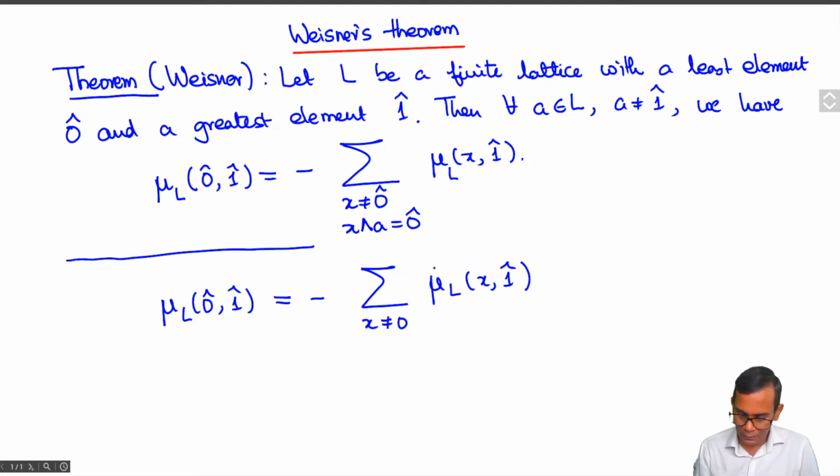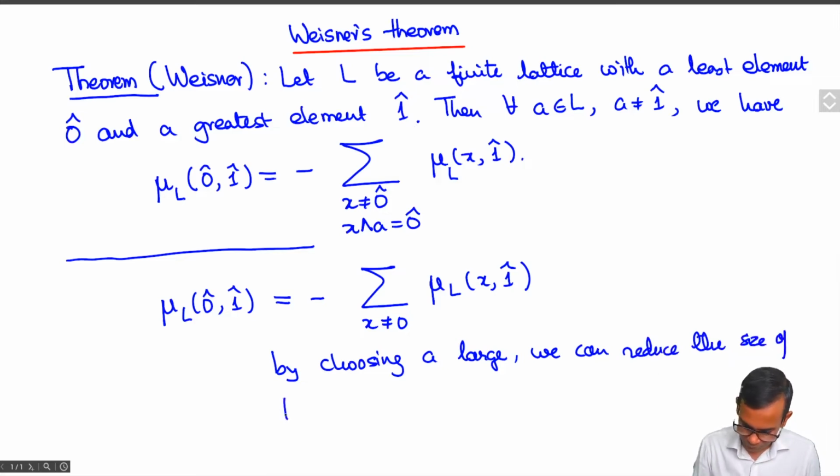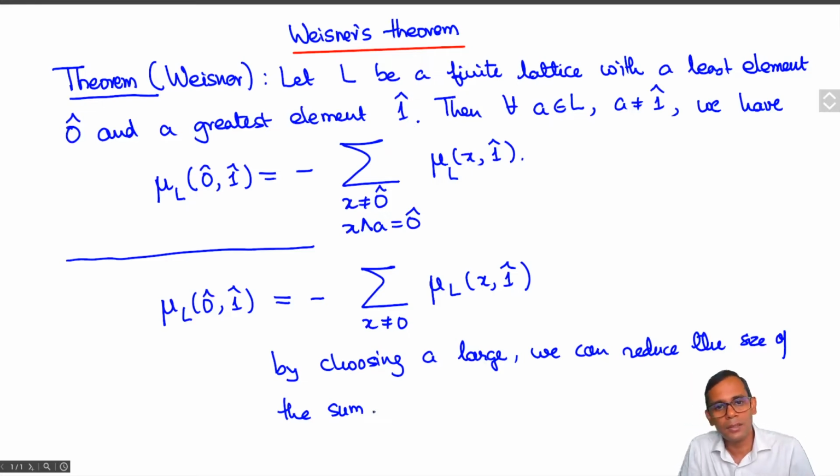Now this sum could be huge, but by wisely choosing A, we can reduce the extent of this sum. What it's saying is that the contribution of the remaining terms where x meet A is non-zero will all cancel out.